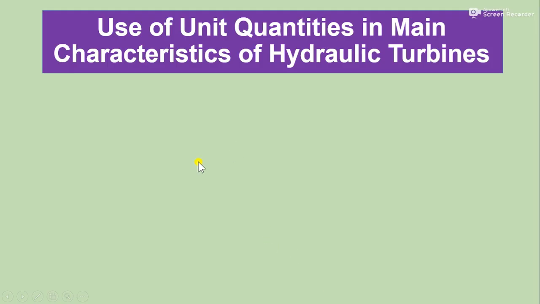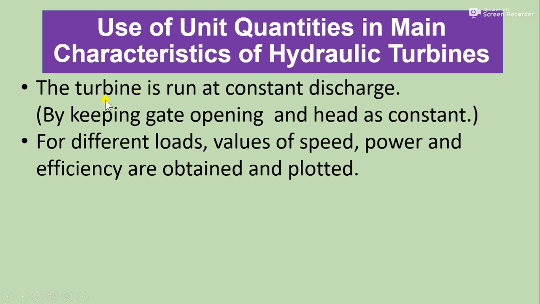Now we will see the use of unit quantities in the main characteristic curves of hydraulic turbines. We have already discussed that the turbine is run at constant discharge in constant head characteristic curves. How is it done? By keeping the gate opening and head constant. Meaning the valve on the pipe is fixed, thus discharge is fixed, and head is maintained constant.